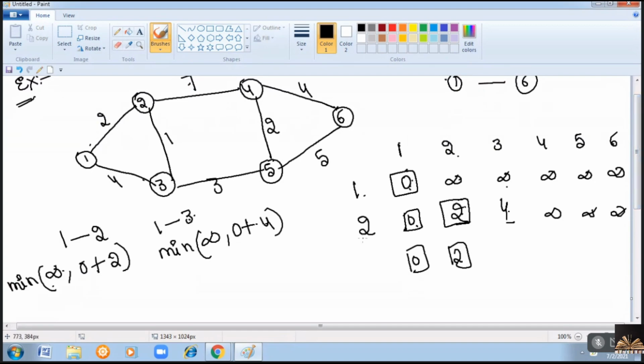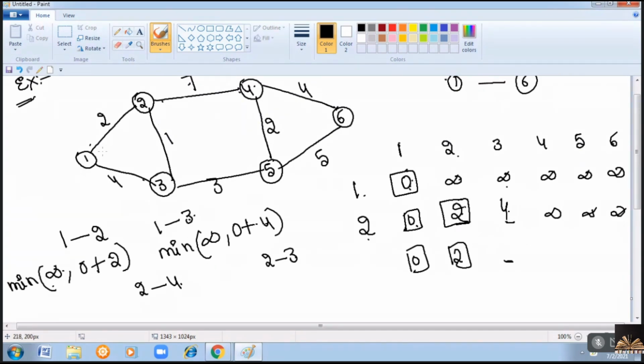Now you have marked 2 as permanent. So you need to identify which are connected directly from 2. From 2, 4 is connected directly. 3 is also connected directly. 2 to 4, 2 to 3. That means you may change these values. Already we have 4 under the third vertex, but that may be changed.